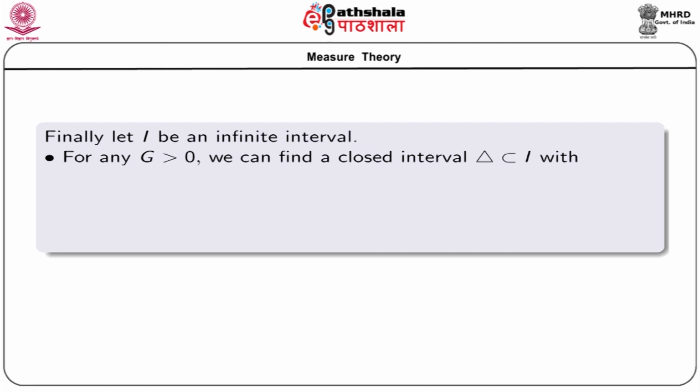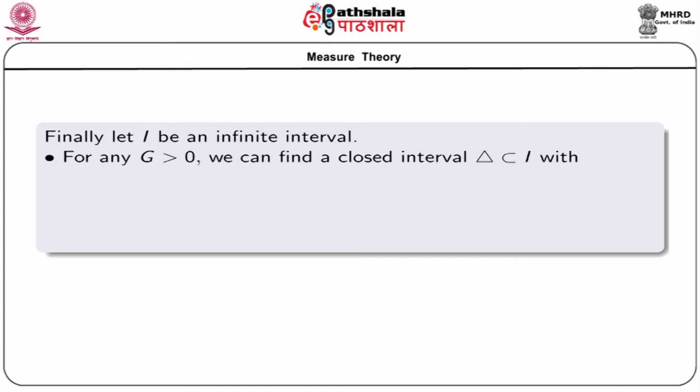Suppose it is of the form (a, infinity), where a is the left end point and infinity is the right end point. For any g greater than 0, we can find a closed interval delta subset of I with l of delta greater than g.